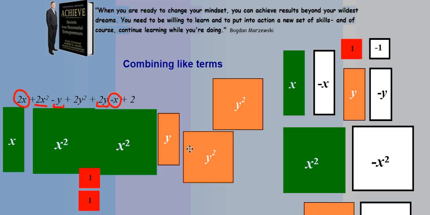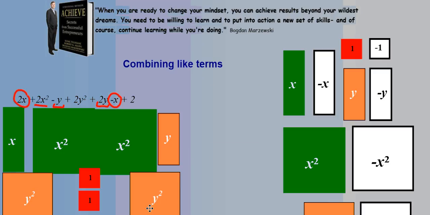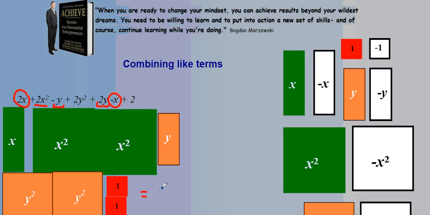Then we have 2y squared. So yes, we have 2y squared tiles. We combine them together as another group of like terms. And we have two positive units, so we combined them together. So in the end, this expression is represented by 2x squared tiles.